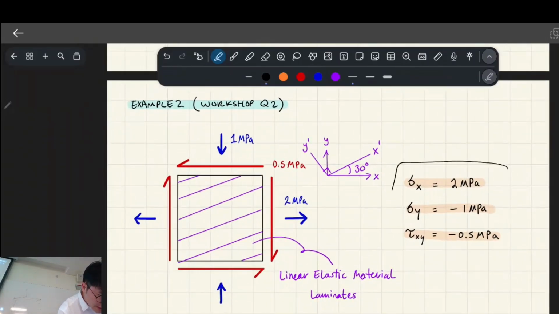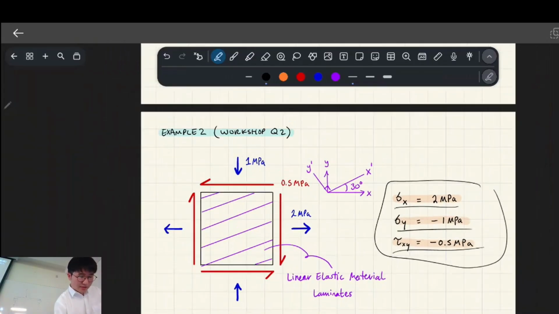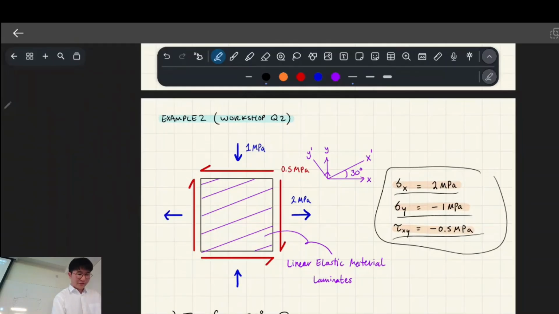So it gave us all these values. They conducted this biaxial test, and this was the response. We got 2 MPa in tension in the x direction, 1 MPa in compression in the y direction, and the shear was negative 0.5 MPa.